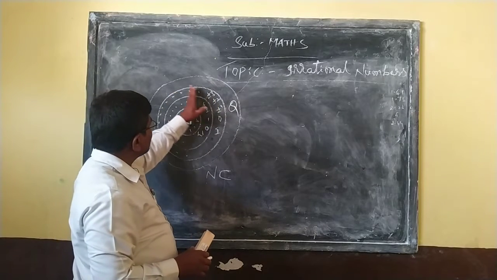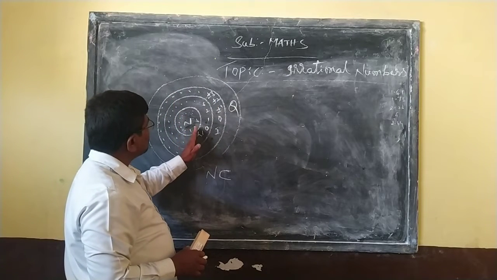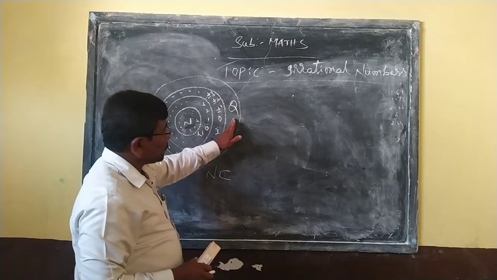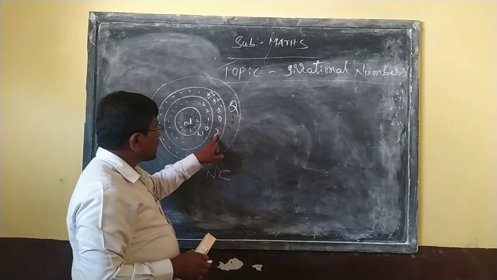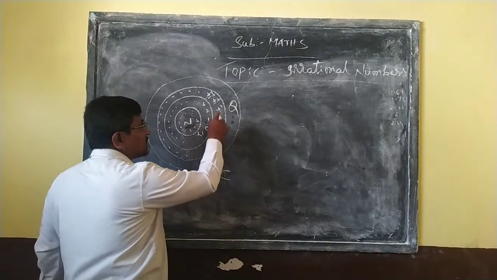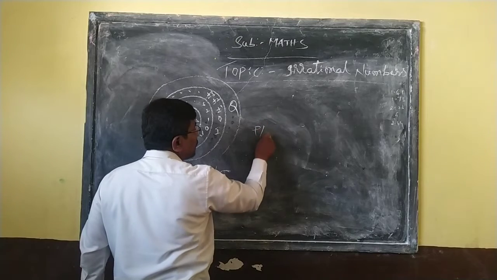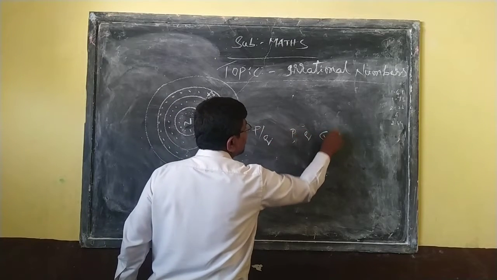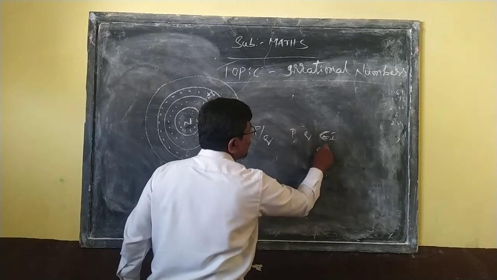Then these natural numbers, whole numbers, integers, all these are in Q, because Q is defined as P by Q, where P, Q belong to I, but Q is not equal to 0.